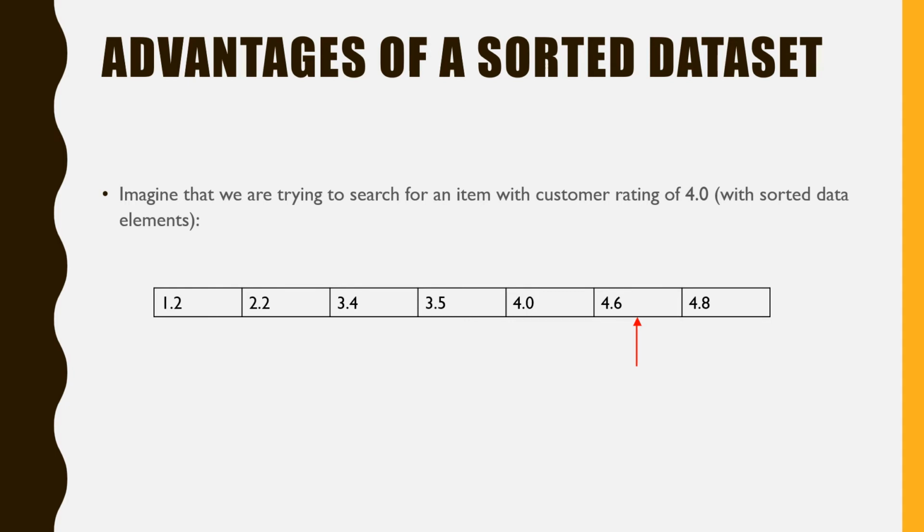We compare 4.6 with our target 4.0 and conclude that the target, if exists, must locate before 4.6. Then, the new plausible range becomes just 4.0. We compare that with our target and then claim we have found the element. Since the plausible range is reduced by half each time, the time complexity of the binary search algorithm is O(log n).